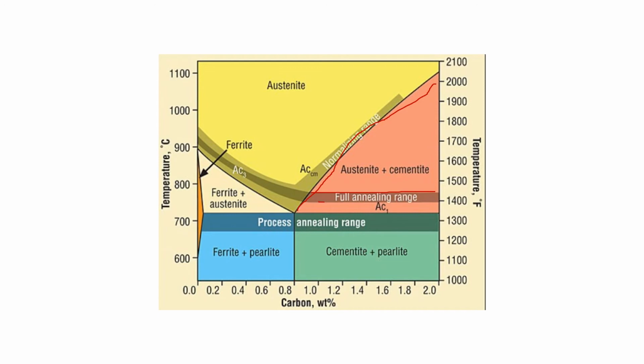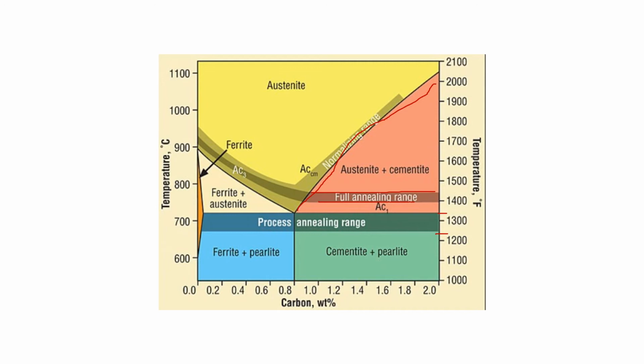The full annealing range is between 1000 to 1200. The process annealing range is starting from 1250 to 1350 degrees Fahrenheit.